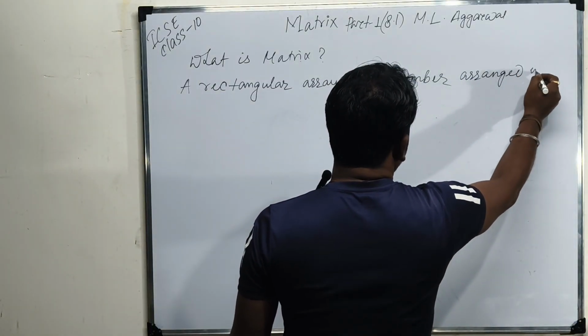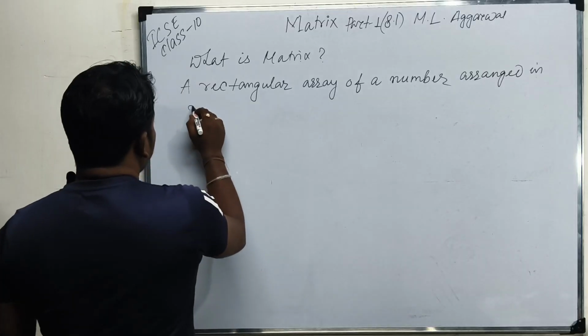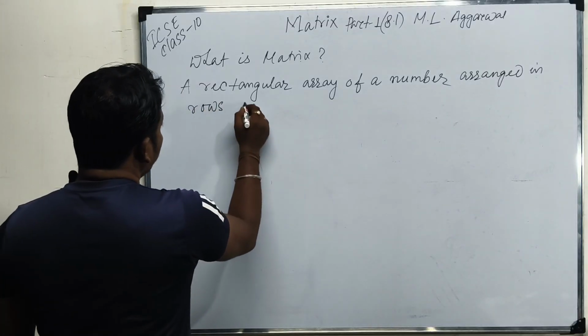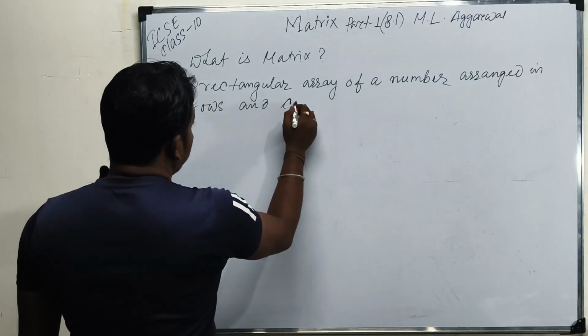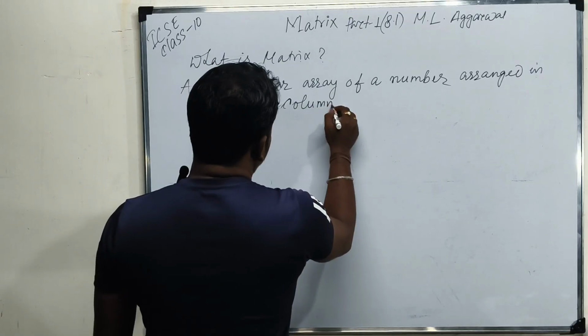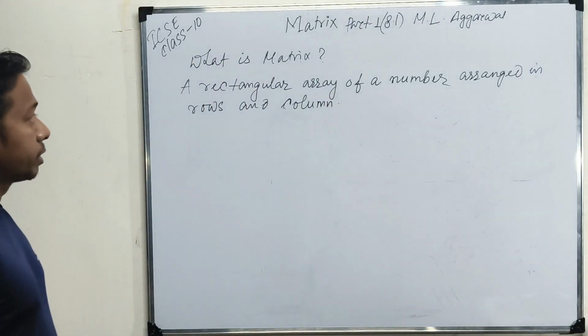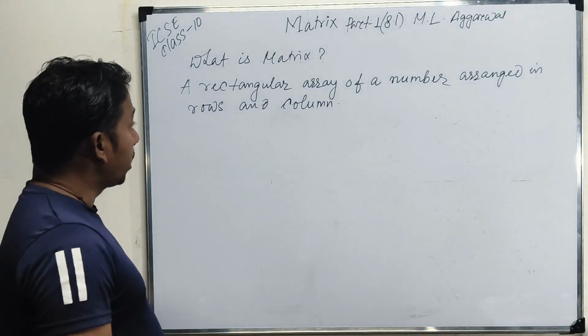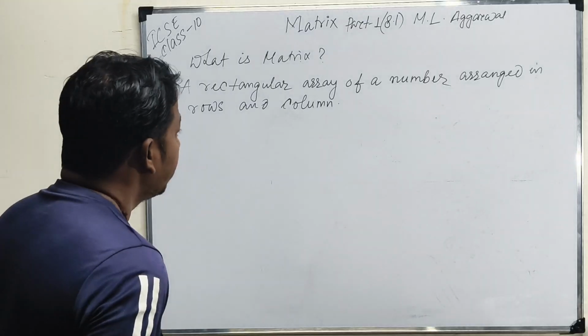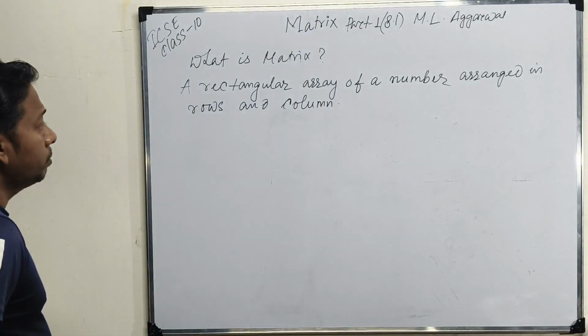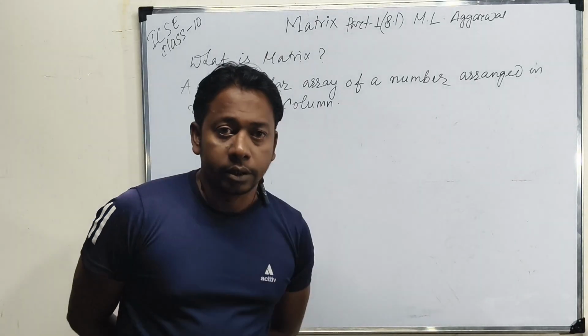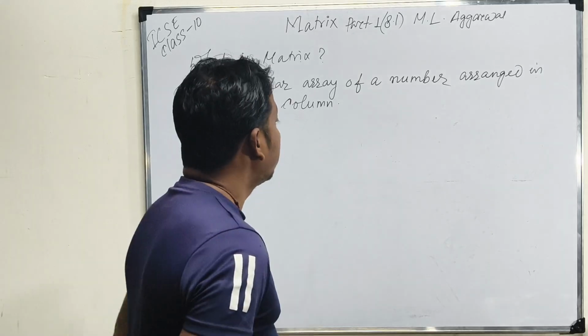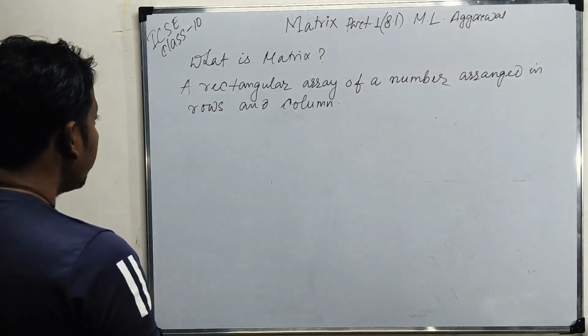A rectangular array of numbers arranged in rows and columns is called a matrix. That is the basic definition of the matrix.